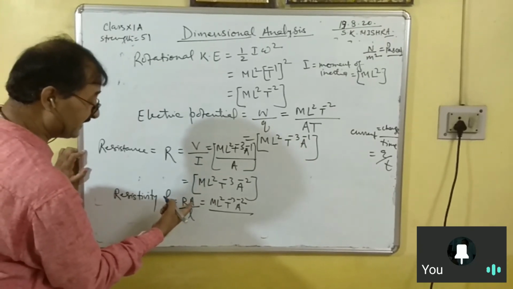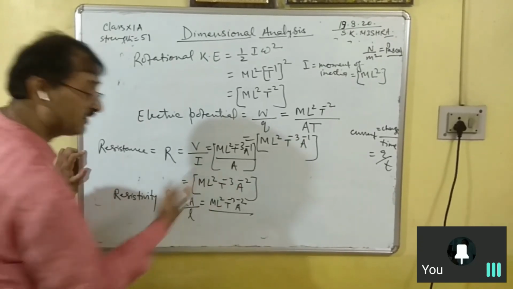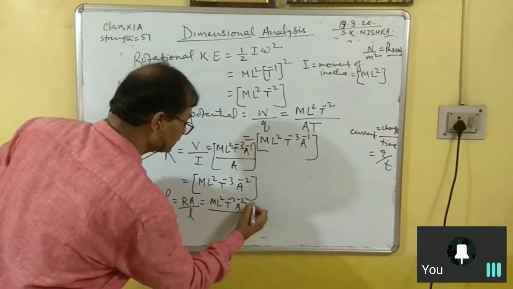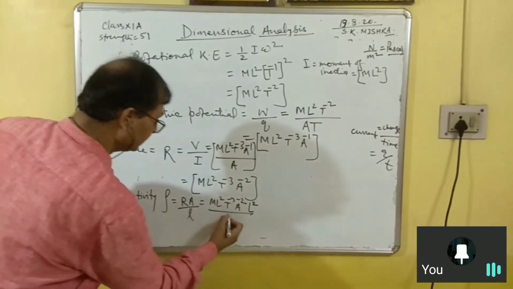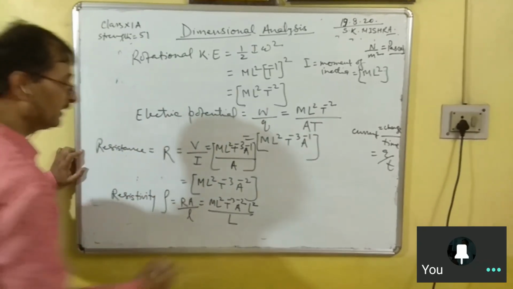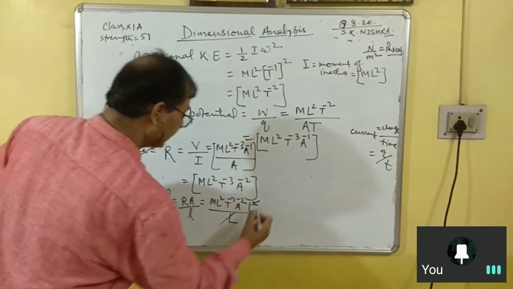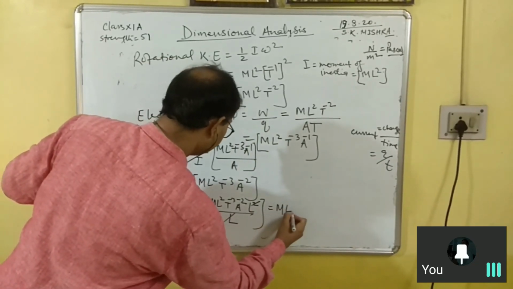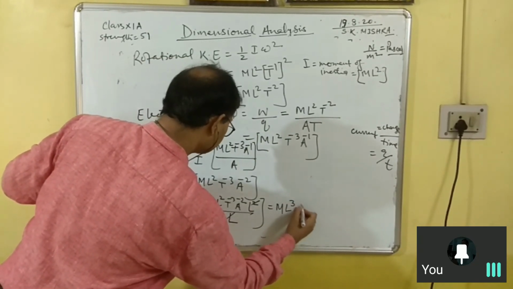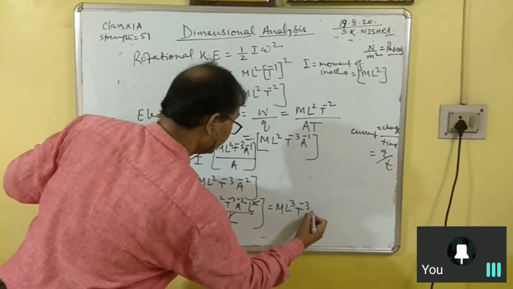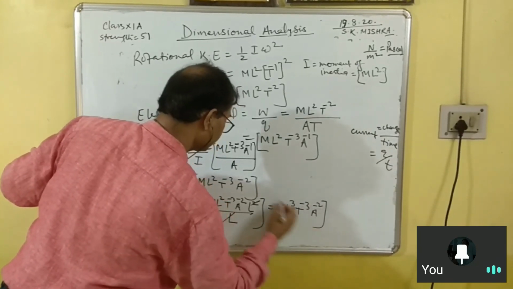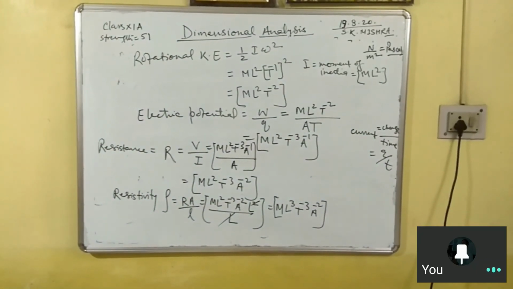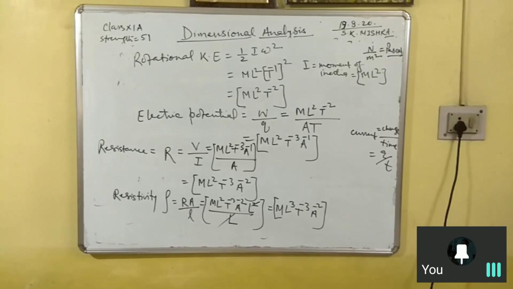Remember, this A is for area, this A is for ampere. So this A is L², area, divided by this L, length. You can cancel one of the L, and finally you get ML³T⁻³A⁻². Am I right? Just check it: ML³T⁻³A⁻².